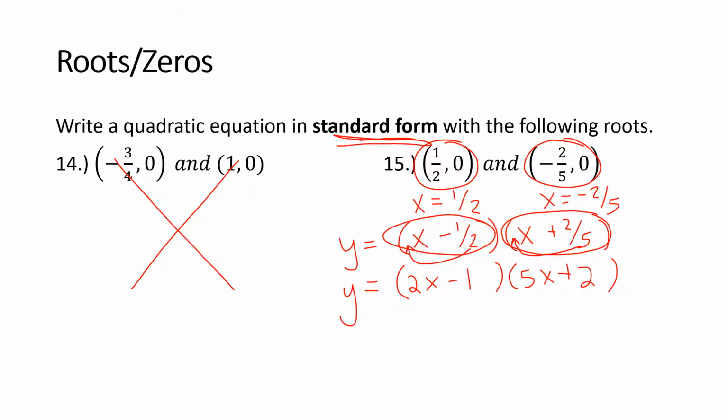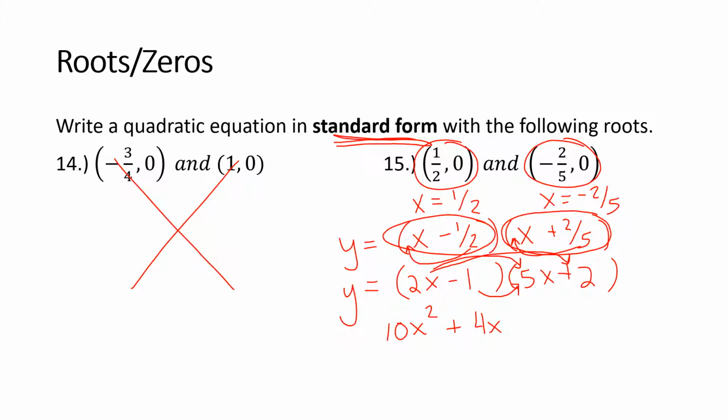If you want it in standard form, you're just going to have to multiply that back together. So go through the whole FOIL process. Multiply the first two together: 2x times 5x would be 10x squared. Multiply the outside two together: 2x times 2 is 4x.